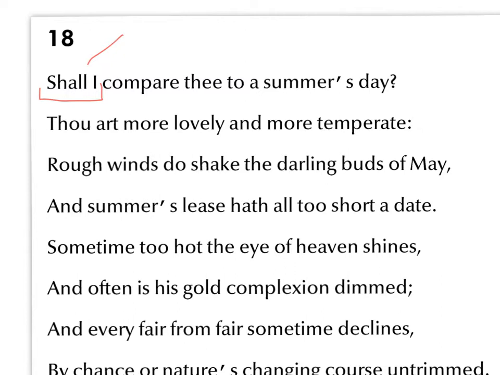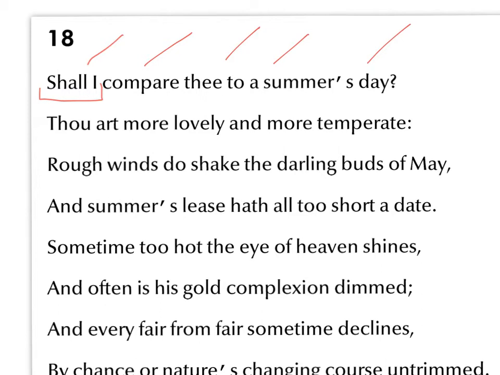So it's not "shall I compare thee to a..." It's not like that. Instead it is, "shall I compare thee to a summer's day?" Notice I have 5 slashes. This is where the stress falls in this line.